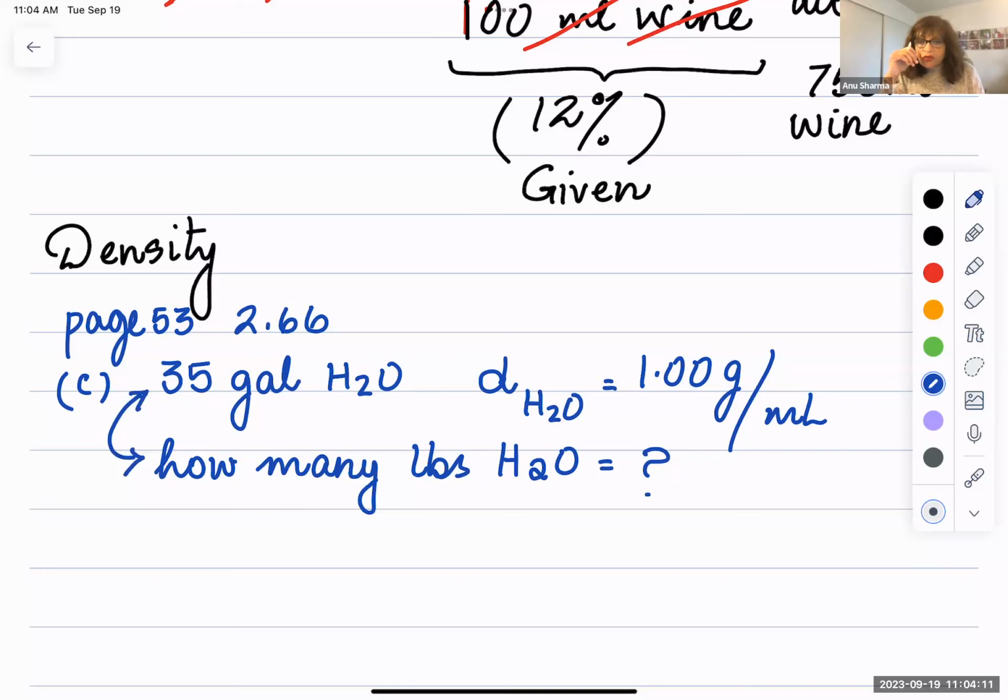So we are going to look for a conversion of gallons to pounds. Is there a direct conversion of gallons to pounds? You check the tables that are given to you. Gallons to pounds is not there.